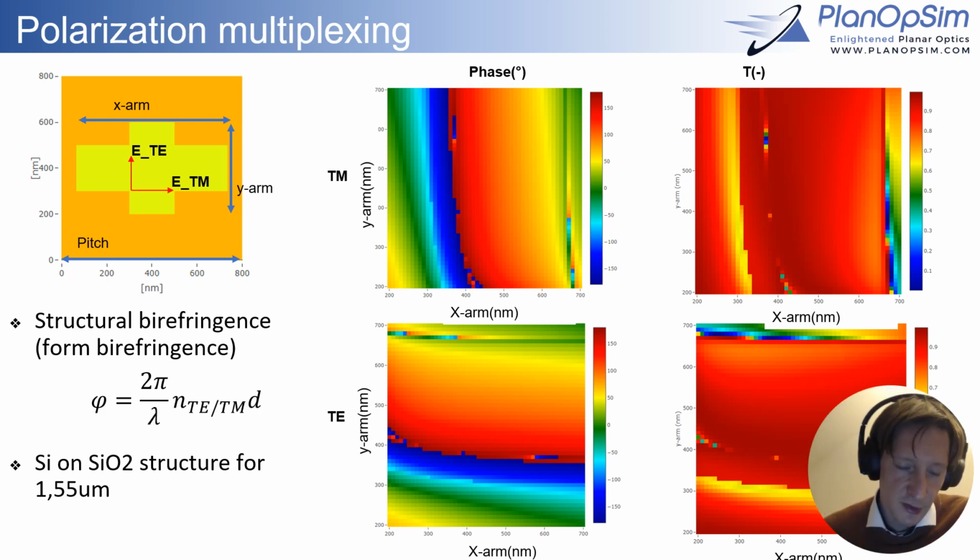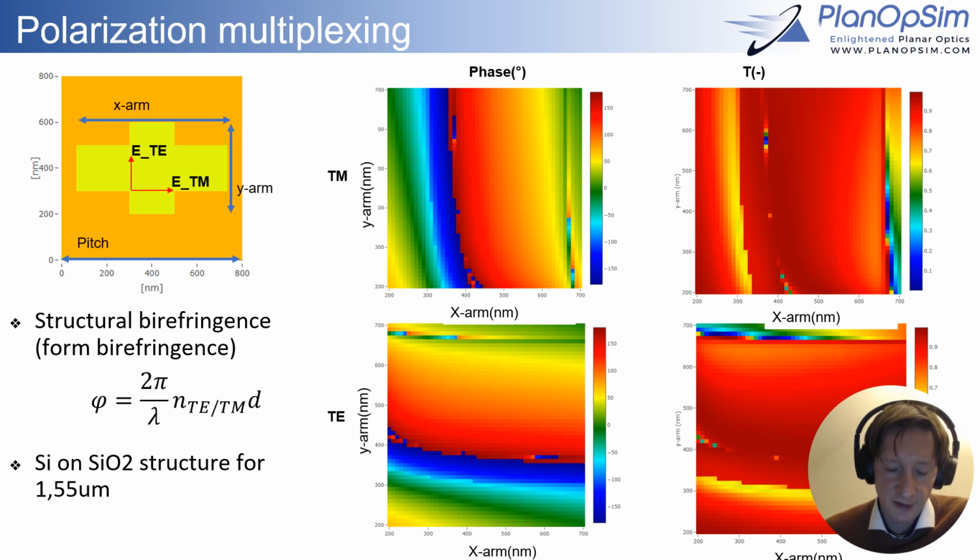So we take the cross structure, the structurally birefringent structure from before, and we simulate its behavior for the different vertical and horizontal lengths. And we see here on the plots on the right for both the transmission and the phase that the phase mainly depends on the length of the arm that is parallel to the electric field in that polarization.